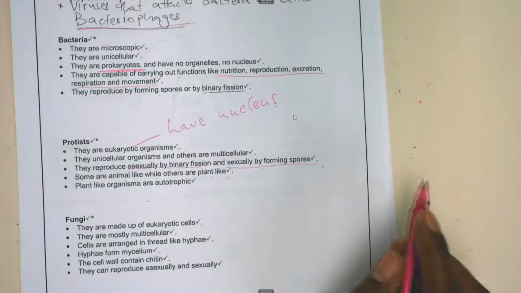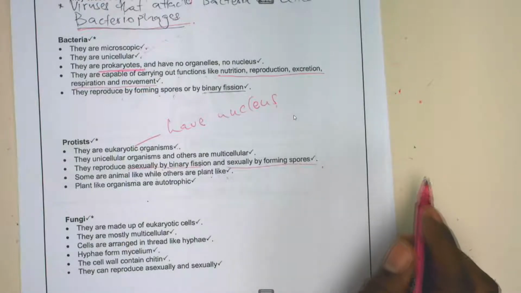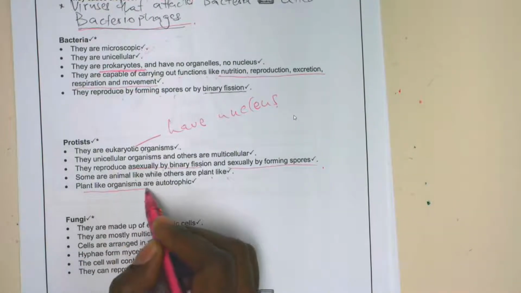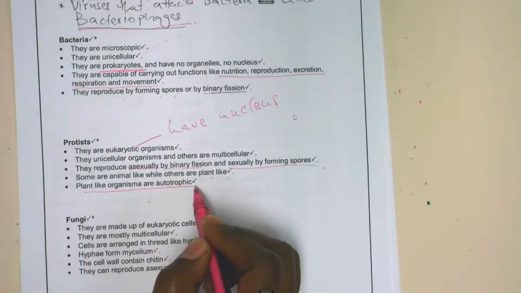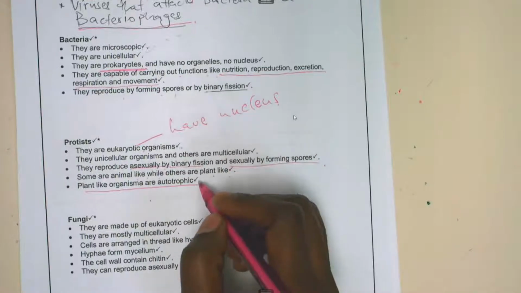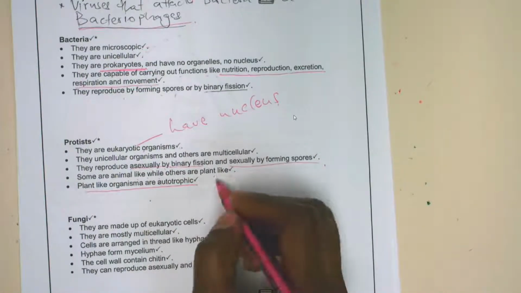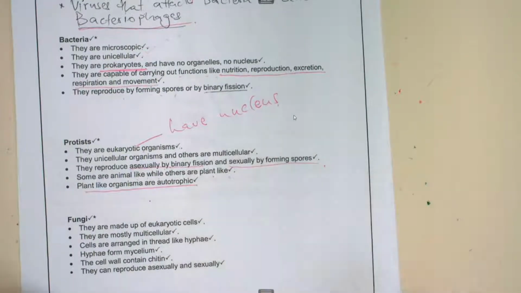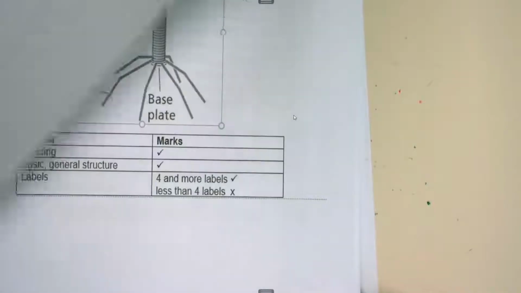And then plant-like protists are autotrophic. So it means that all those protists which look like plants are autotrophs. So it means that they are able to manufacture their own food. So those are the general characteristics of the protists.